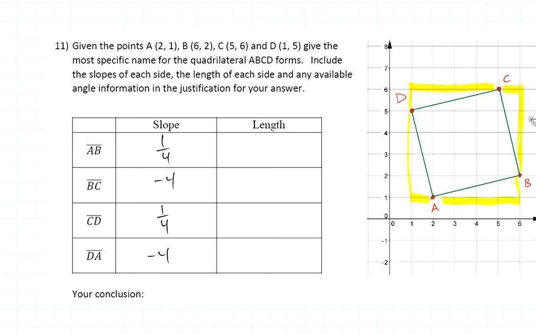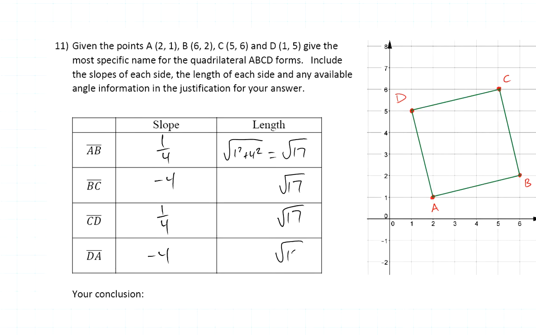So you can see they're all right triangles with a leg of 1 and a leg of 4. So they all have a length that's equal to the square root of 1 squared plus 4 squared. 4 squared is 16, so they all have a length of root 17. So all 4 of those we just demonstrated have a side length of root 17.